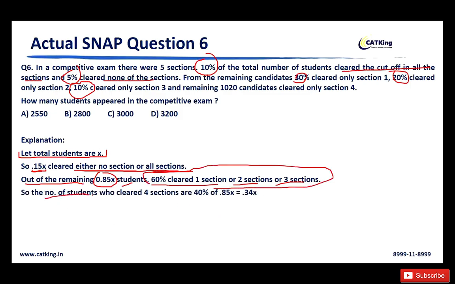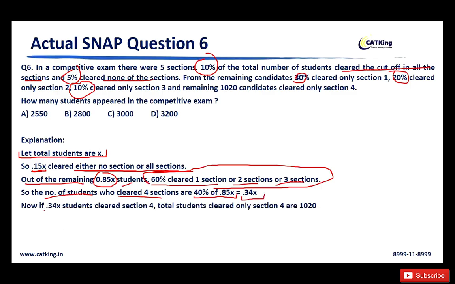So the number of students who cleared section 4 are 40% of 0.85x, that is 0.34x. Now 0.34x students cleared section 4, and the total students who cleared only section 4 are 1020.